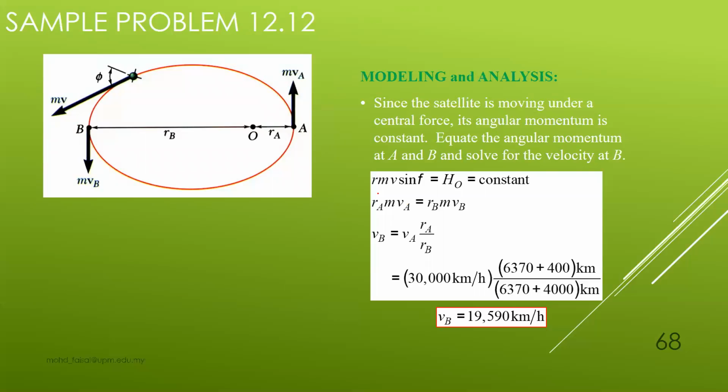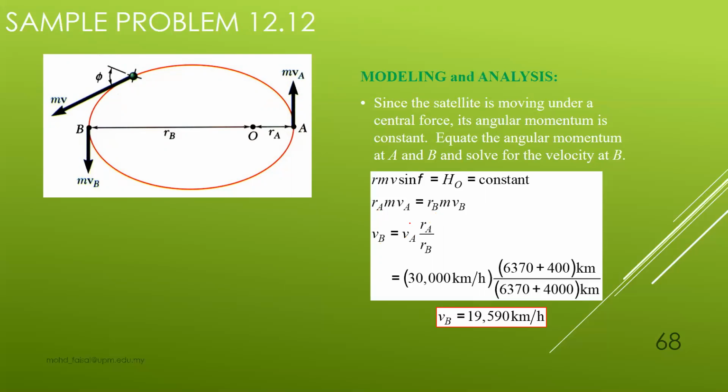Now from this formula that we went through just now in the previous slides, you can use this, and since the momentum is constant, the momentum at A and momentum at B should be the same.